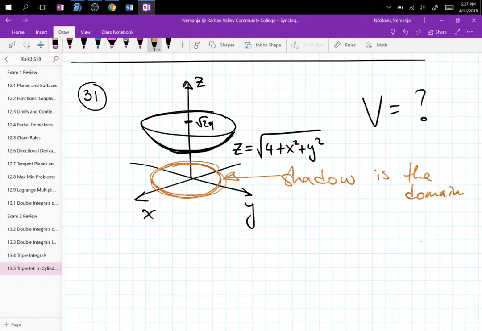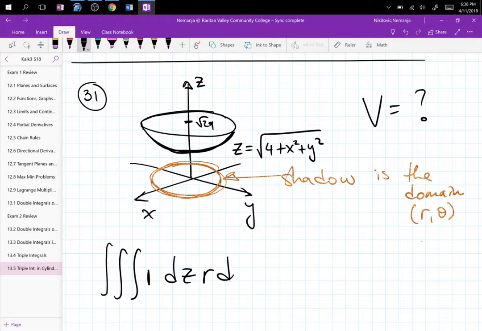So shine the light from the top, it creates the shadow on the bottom, and that shadow is the domain. And you know what that domain is? That domain is your r theta domain. And that domain gives you the limits for r and theta. Great. Triple integral of 1 dz r dr d theta. Don't forget this r.